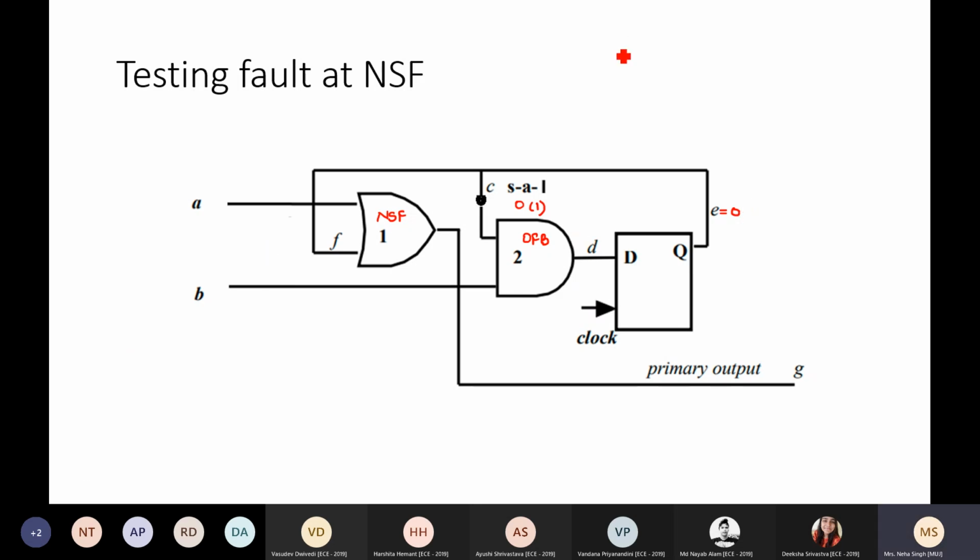Let us talk about time frame 1, the frame time frame 0, the frame where we are analyzing the output. हमें output मिल गया है, primary output is obtained. But अभी this is my secondary output, right? Secondary input. E equal to 0 is to be set when there is a clock edge.